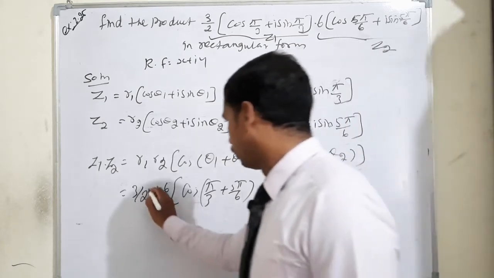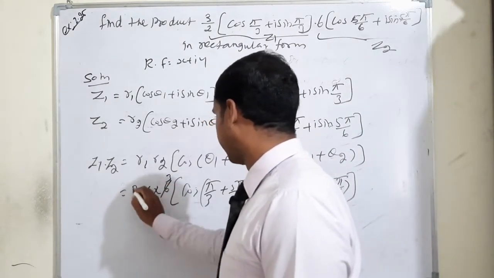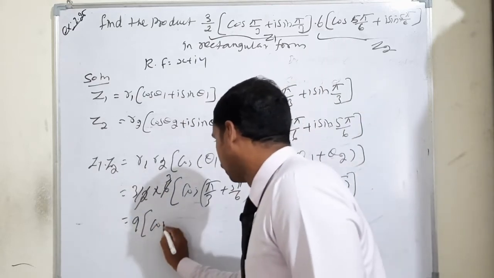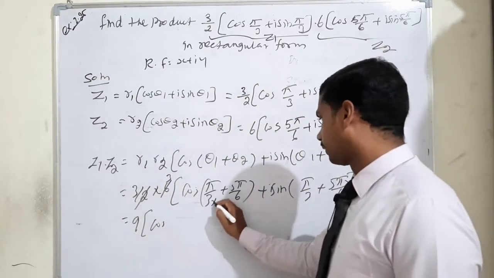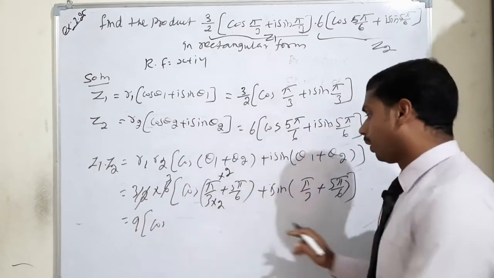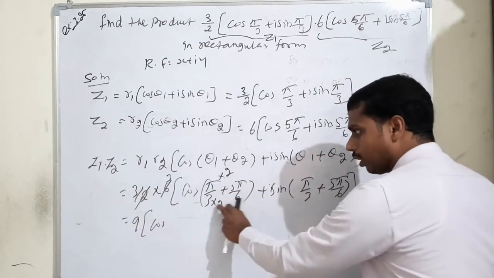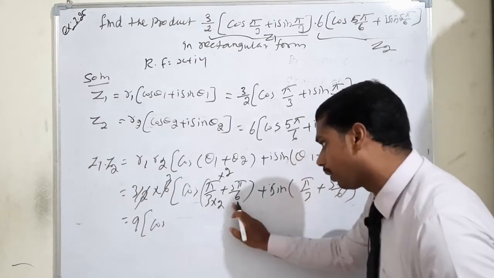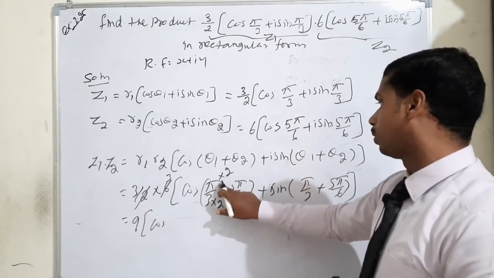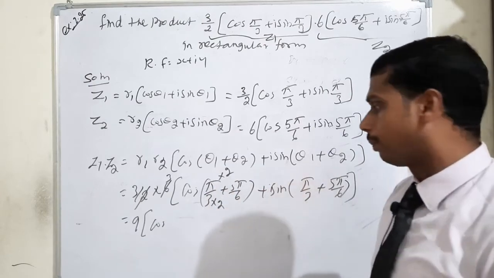So now 2 and 6 cancel, means 3 times 3 is equal to 9. Again cos of, equivalent fraction: 3 into 2 means numerator also 3 into 2. Why? Because if you multiply the equivalent fraction by 2, the denominators are the same. If the denominators are the same, just add the numerators as they are. So 2 into pi means 2 pi. So 2 pi plus 5 pi means 7 pi.